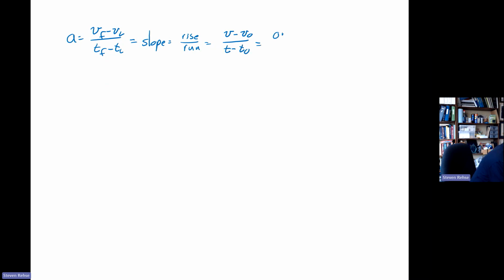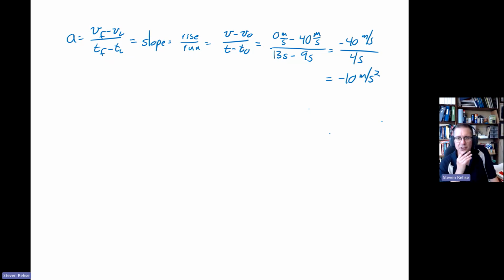So this is 0 meters per second minus 40 meters per second, all over 13 seconds minus 9 seconds. So this looks like negative 40 meters per second. Note that negative sign hangs on, over 4 seconds. Do that math, negative 10 meters per second squared.